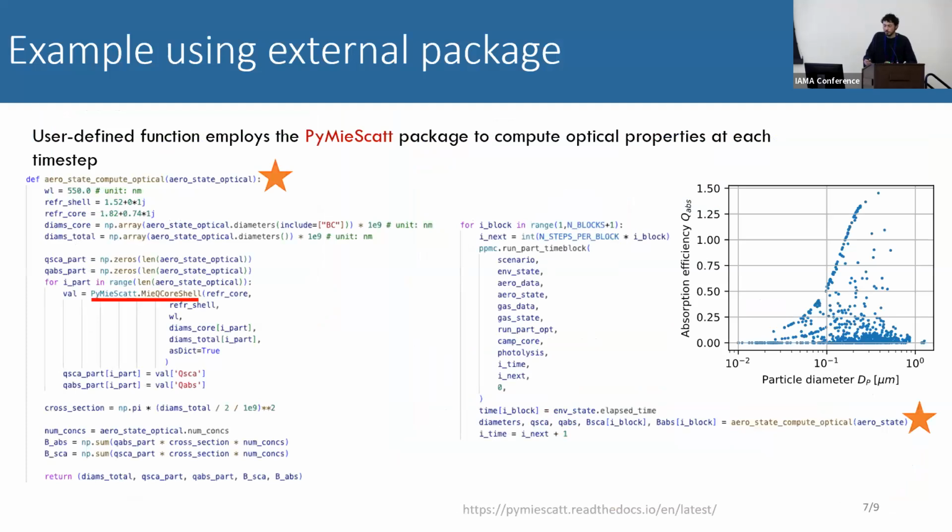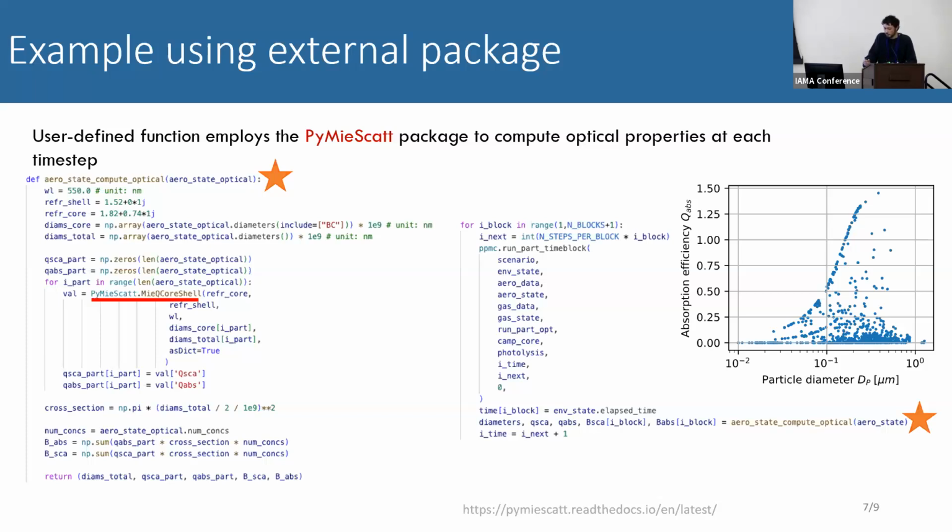So now I'll show some examples of some cool things that we can do with PyPartMC. In this specific example, on the left-hand side, we have a user-defined function that uses the PyMieScat external package, not our package, just another Python package, to compute some optical properties of particles.